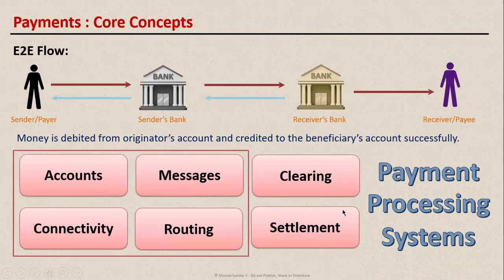But one difference is that out of these six, only these four can be controlled or changed by the bank. These two systems are outside of the bank's scope. If you are working for a particular bank, then you can have control over these four concepts only.